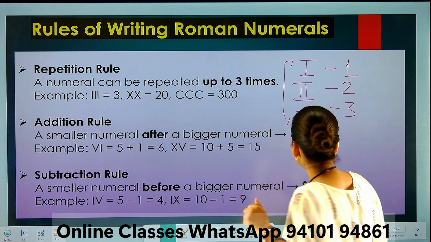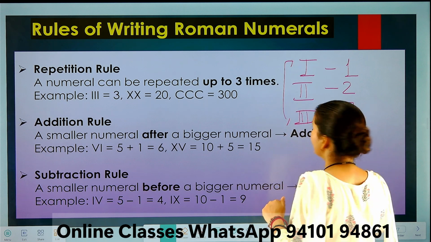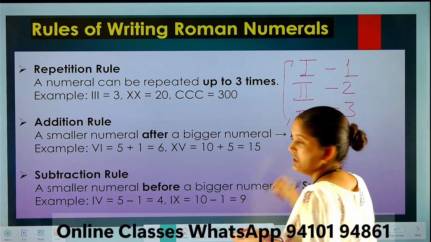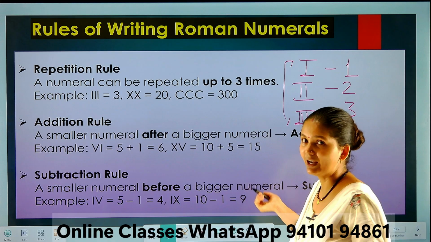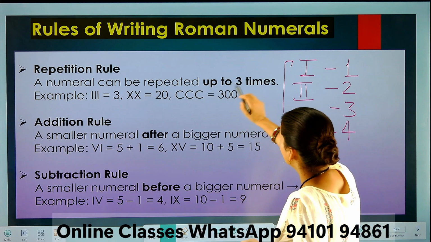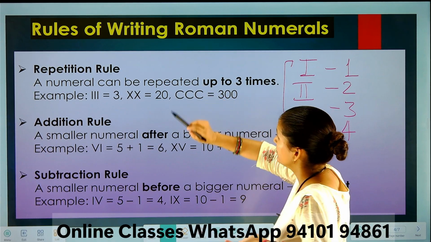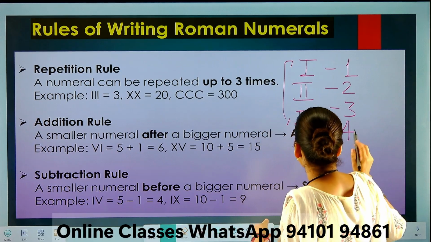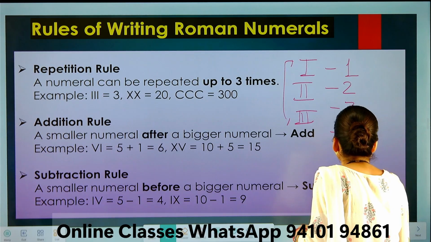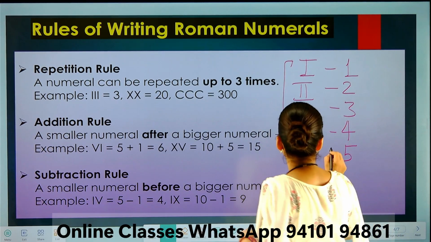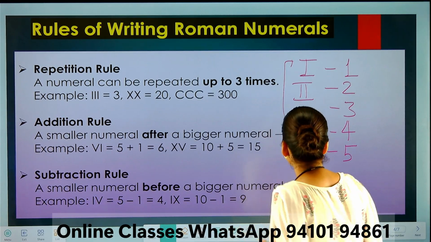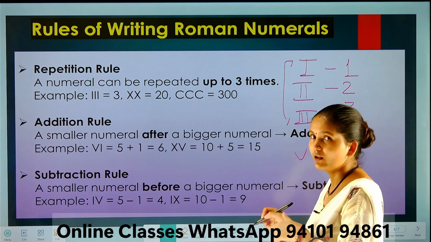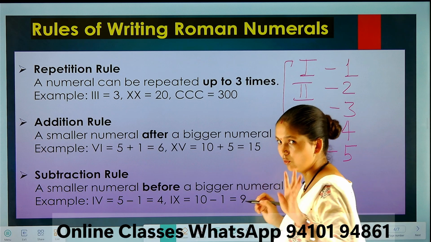Okay. Now it's the turn of 4. So how will we write 4? We can't use I 4 times, because the rule says that you can repeat any numeral only up to 3 times. So how will we write it? We know the value of 5. When we subtract 1 from 5, we get 4.